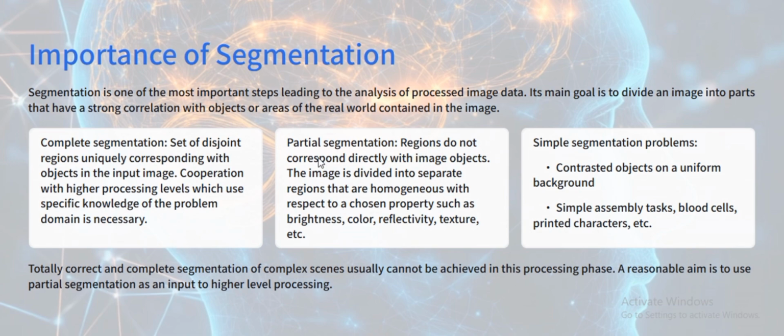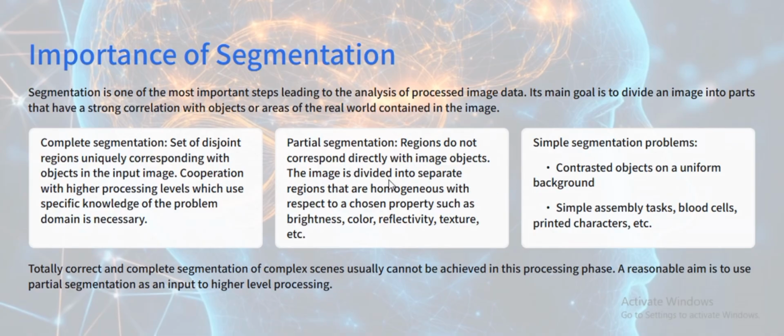Next is partial segmentation. So what is called partial segmentation? Here we do not take the whole parts, that is, whole regions are not partitioned. Here we take only the specific region of an image, and we do the partition. So that is written over here. The regions do not correspond directly with the image objects.